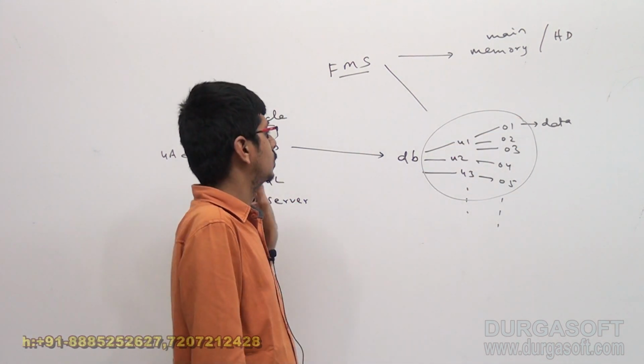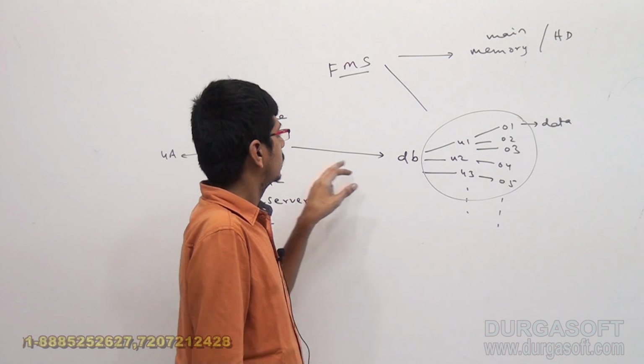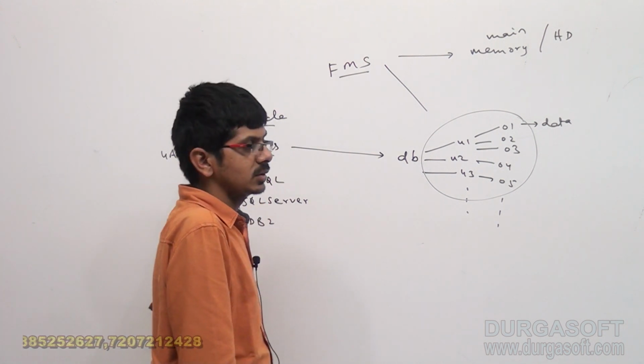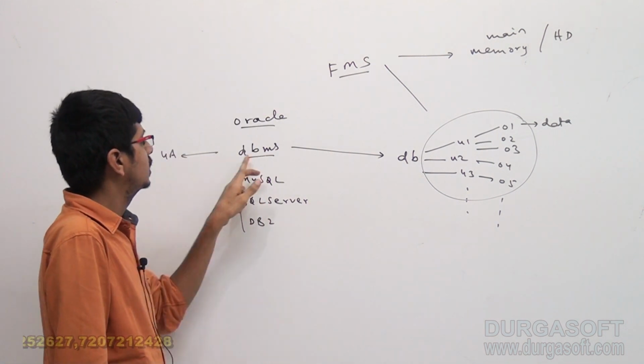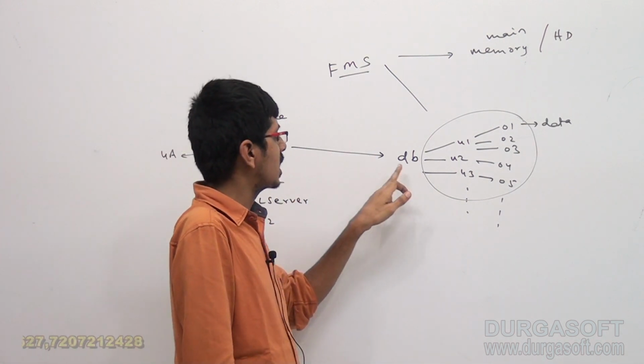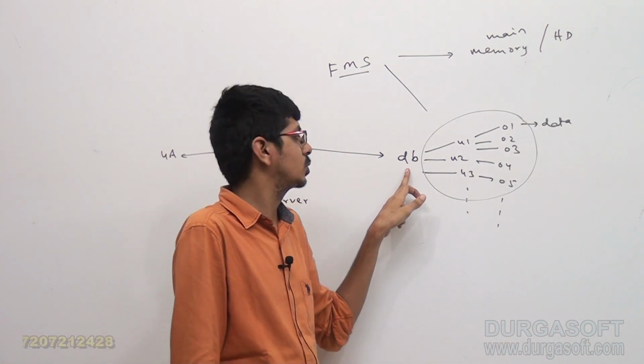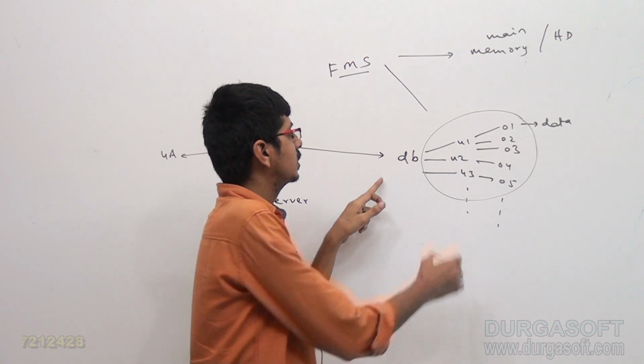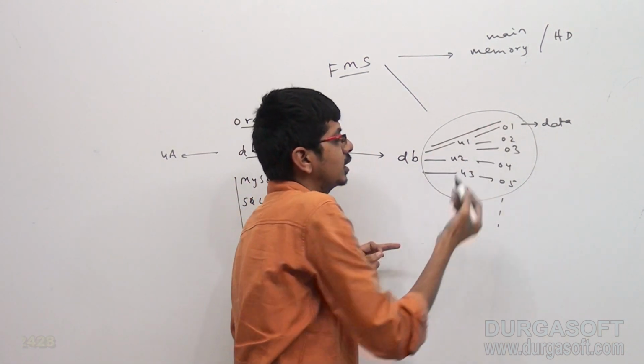Okay, so according to the request given from the user application, the DBMS is going to ask the database. DBMS is going to access the database through that user and that object.